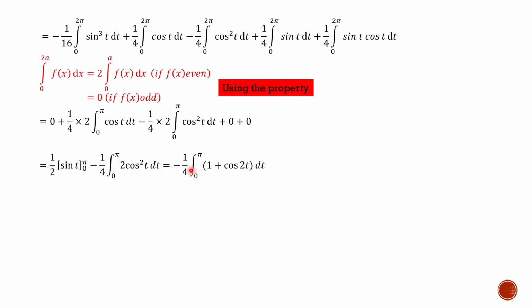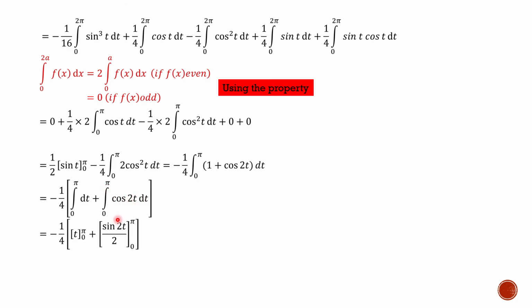So we have to calculate −1/4 integral from 0 to π of (1 + cos 2t) dt, equal to −1/4 [integral from 0 to π of dt plus integral from 0 to π of cos 2t dt]. So we get −1/4 [t, limits π and 0, plus sin 2t over 2].